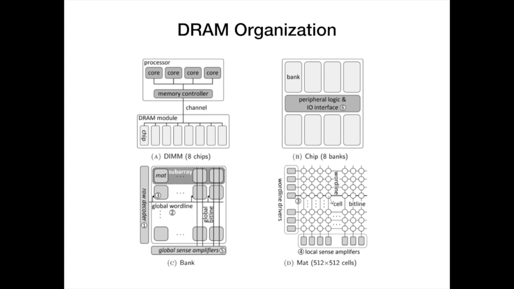Each bank is then subdivided into subarrays, subarrays consisting of mats, and there's a row decoder for selecting which subarray, and global sense amplifiers that move data on the global bit lines.